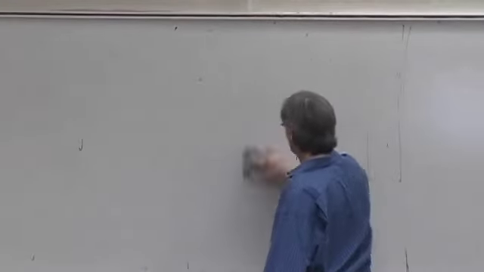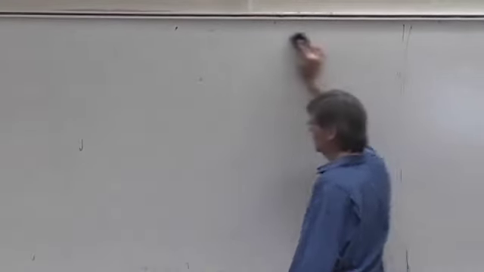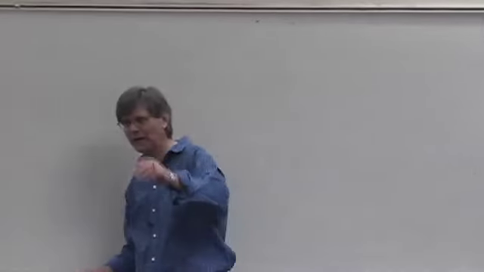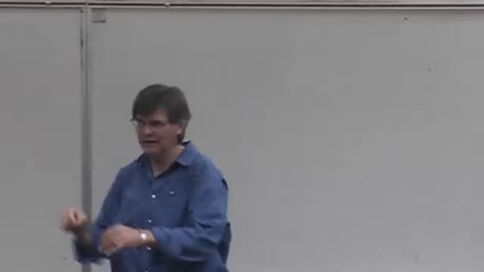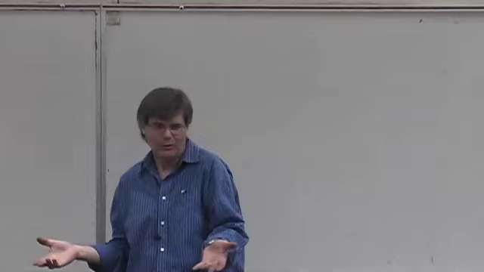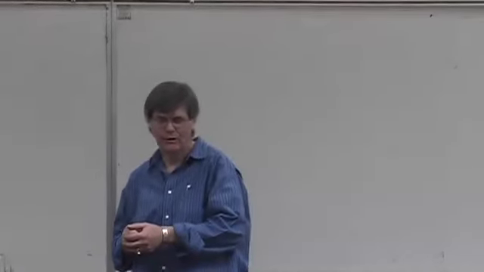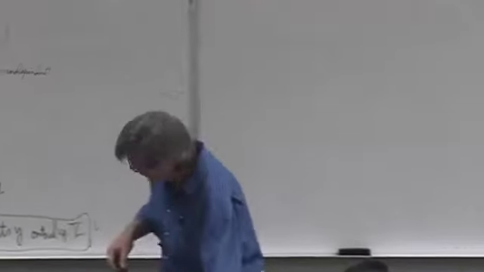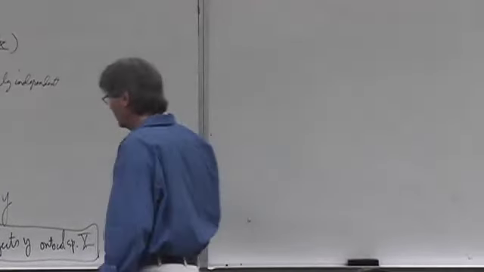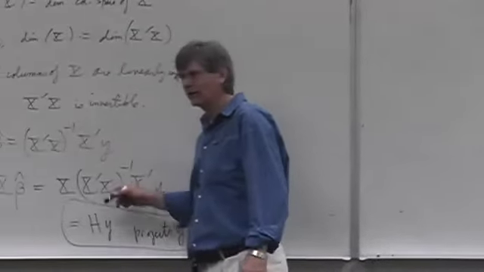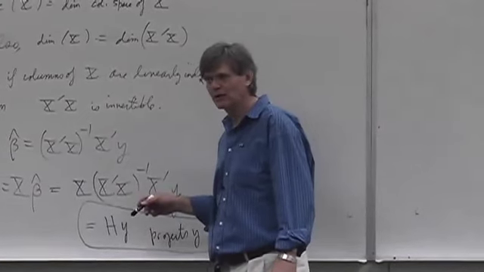So notice that if you project onto the column space of X, and then you've got something on the column space of X, and you project again, you don't go anywhere, right? Therefore, I shouldn't change the answer if I do it again. Therefore, H squared should equal H. Okay?